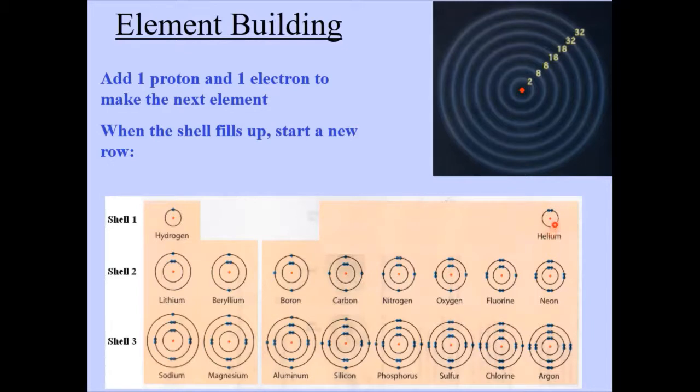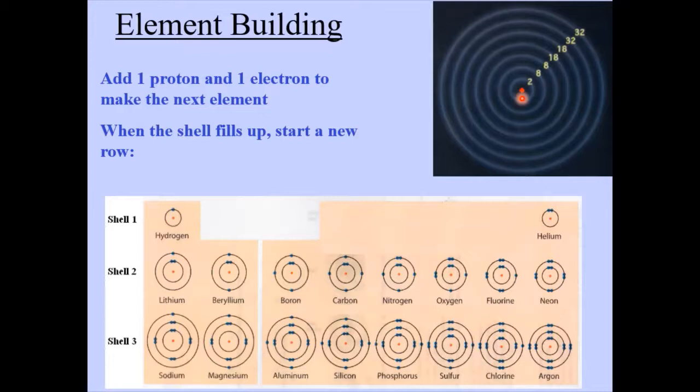We have the little red dot in the middle for the nucleus, which, by the way, doesn't show all the protons. We're just going to use a red dot to indicate the nucleus. But you can see both electrons are shown as the little blue dots there, both in the first shell. So hydrogen and helium make up our first shell because there are no more seats available.